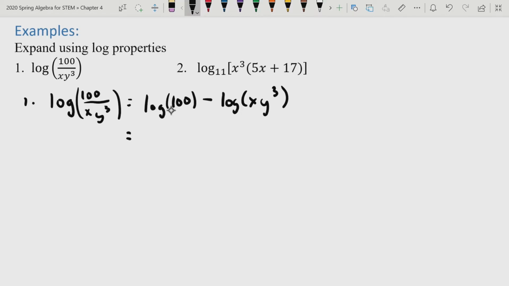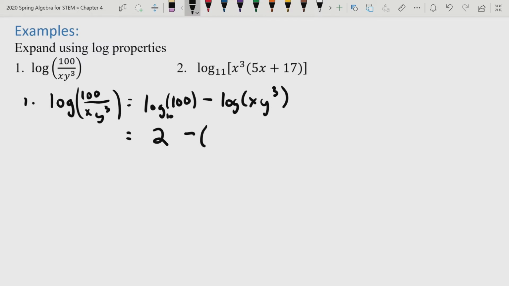Remembering that the common log, the log without any base, has base 10. What is the exponent on 10 that gives 100? The log base 10 of 100 is the number 2, because 10 squared is 100. Minus, here we have the log of something times something, x times y to the third. That's the next biggest operation.